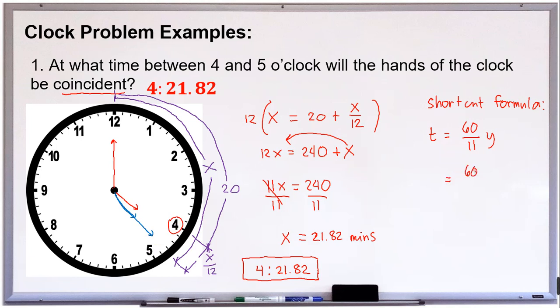So simply multiply 60 over 11 by 4, and that is roughly equal to 21.82 minutes. So the time is 4 o'clock and 21.82 minutes, which is the same as the long method.